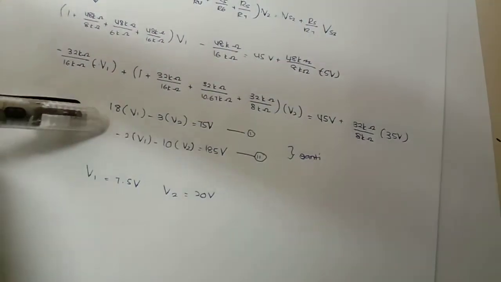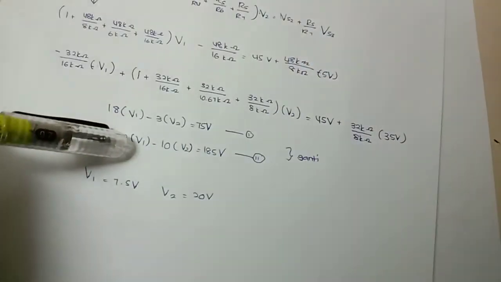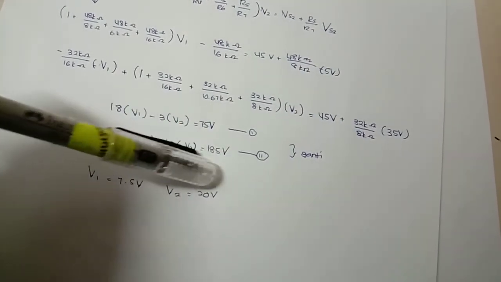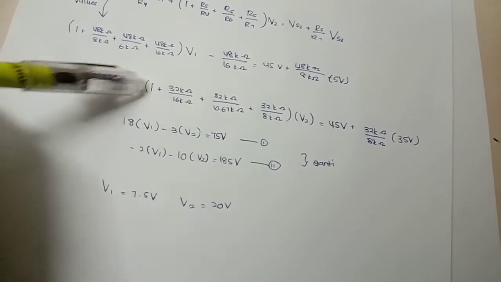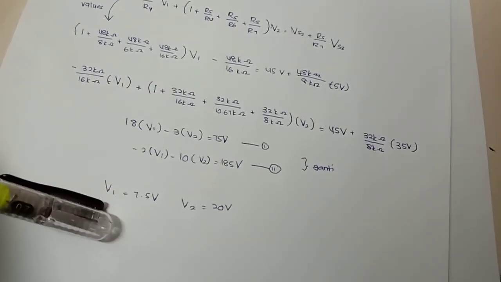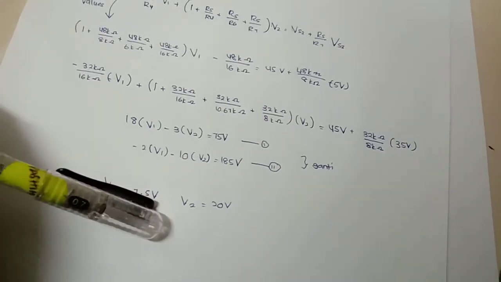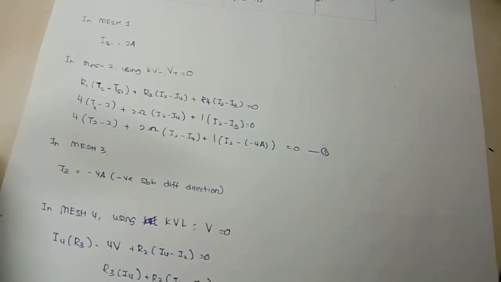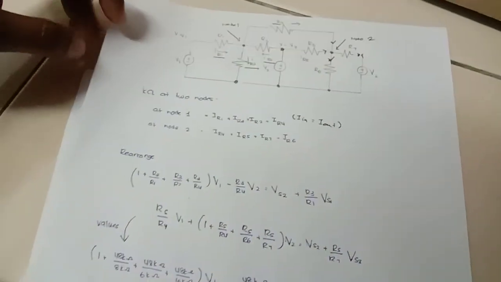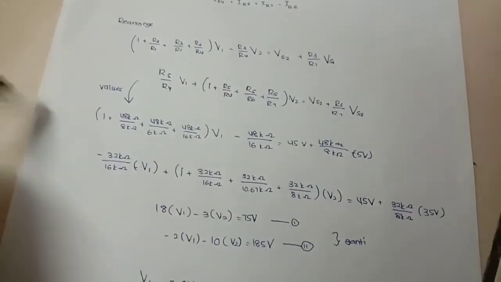And then there's also another equation, which is negative 2V1 minus 10V2 equals 125. So when we solve these two equations together, we will get V1 equals 7.58 and V2 equals 20V. That's it for the second question, finding the V1 and V2 values. Thank you.